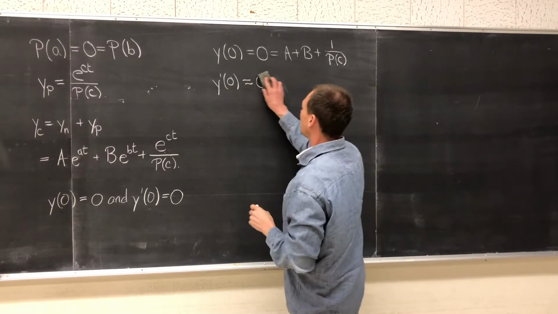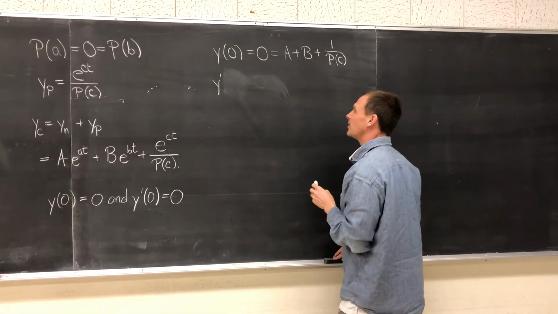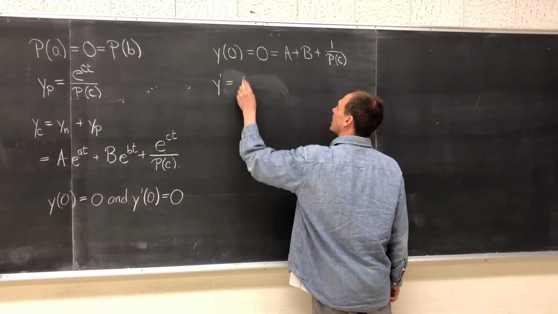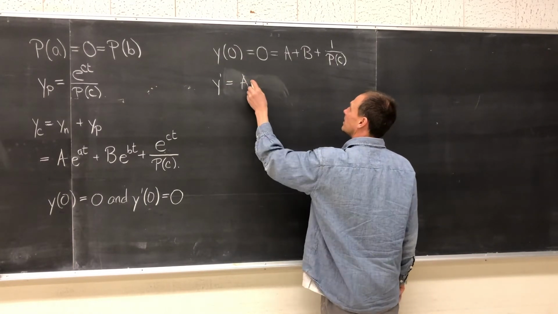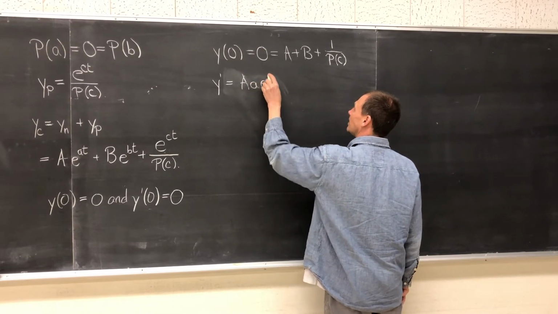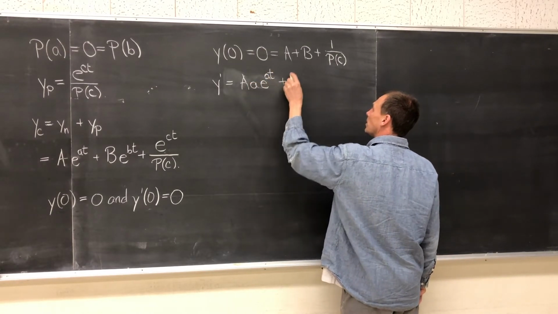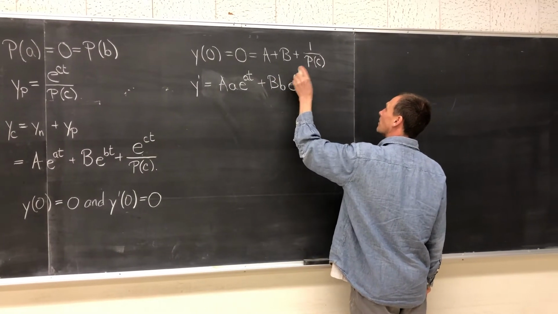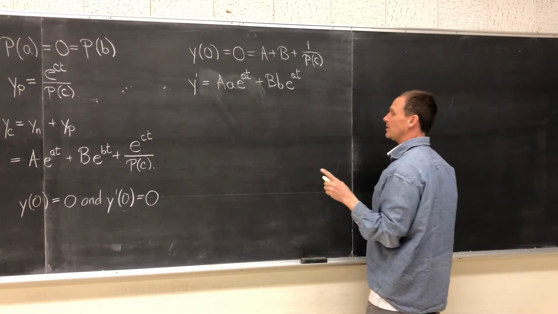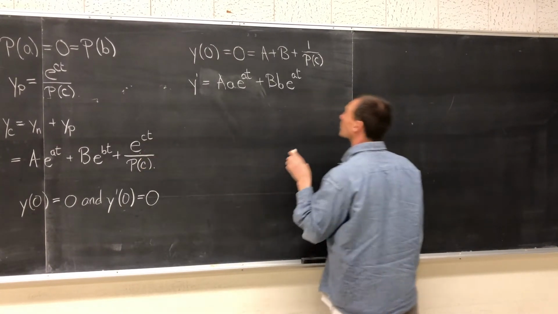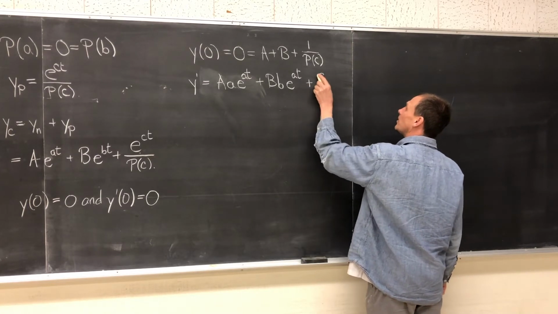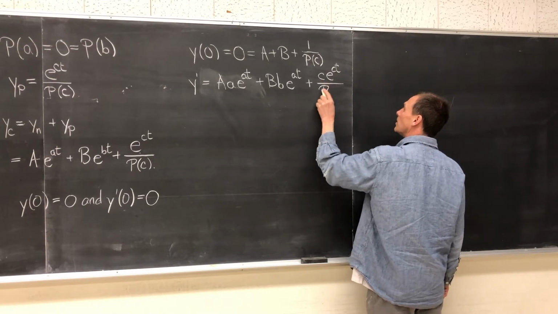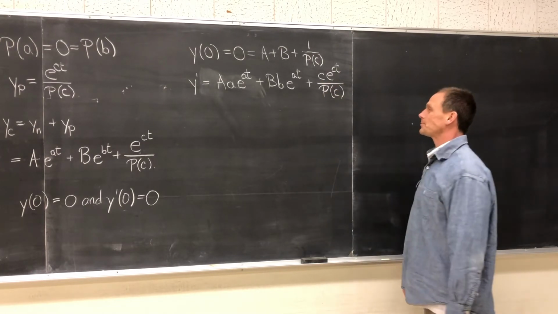Let me write y prime first to make this easier, so we don't have to do this in our heads. y prime is going to be lowercase a times capital A e to the at plus capital B lowercase b e to the bt, and then when we take the derivative of our particular solution, we're going to have plus c e to the ct over p of c.